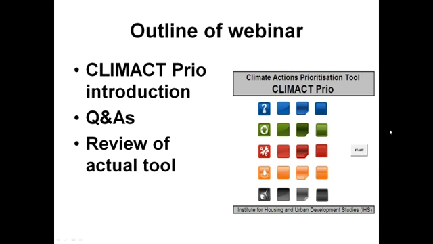So first, we're going to have an introduction to the tool through the PowerPoint presentation. Then we'll have some minutes on questions and answers. And then we're going to see together, step by step, the tool, how it functions, and see which are the flexibilities to apply it in different contexts, but also integrate different types of data and information.